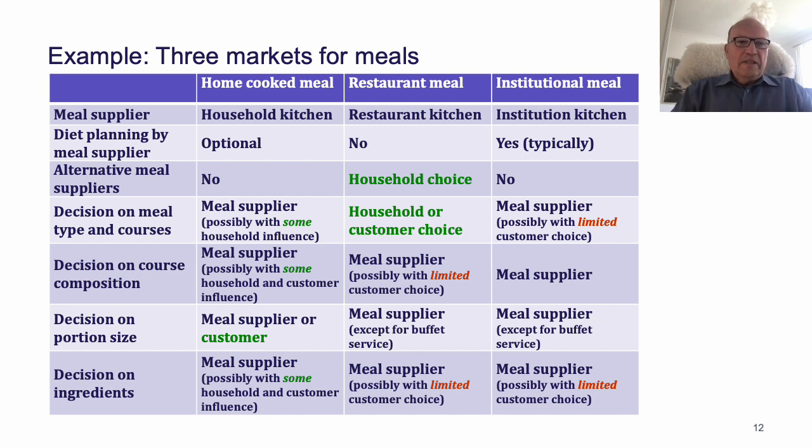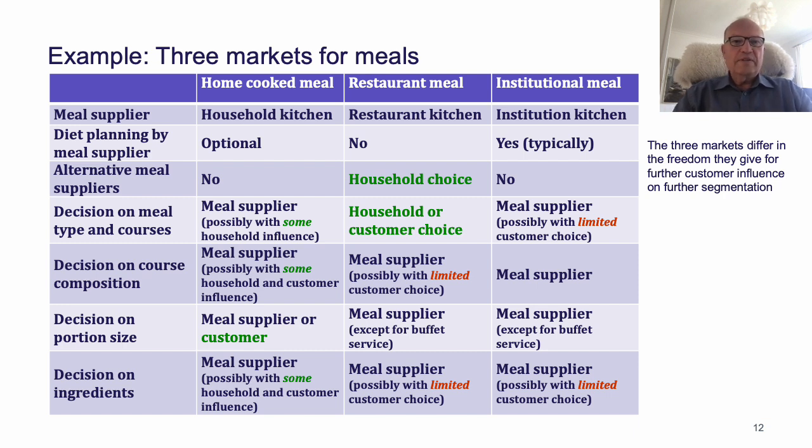And the last three or four issues mentioned are about the freedom that the different markets give for the customers to influence the further segmentation, like the meal type, the courses, the composition of the courses, the portion size, and the ingredients.